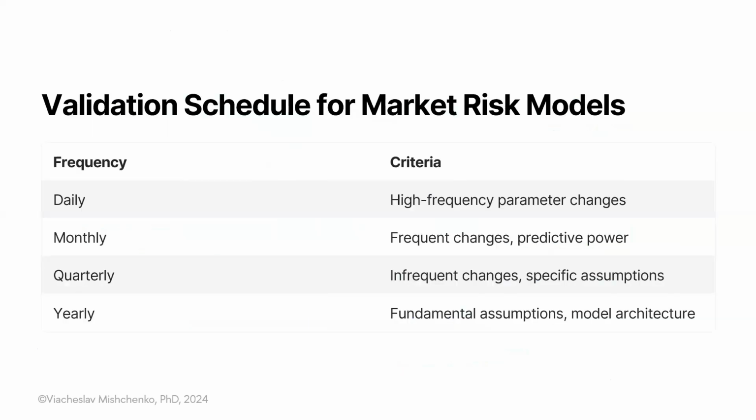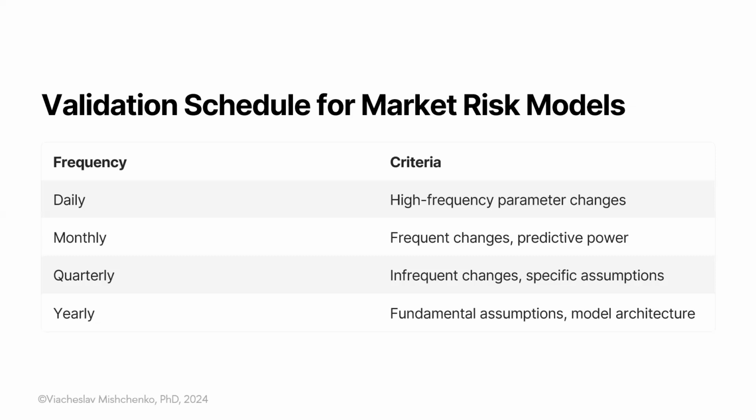But we should add that not all aspects of a model need to be validated within the same frequency. For example, daily validation is usually needed for high-frequency inputs, like market data. By means of monthly validations, for example, we might check the model's predictive power through backtesting.